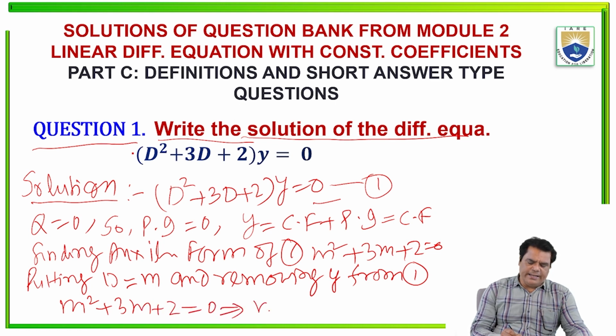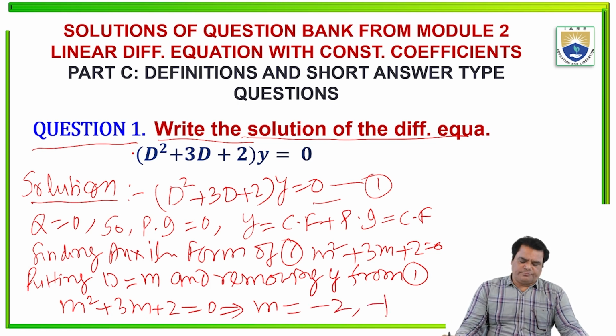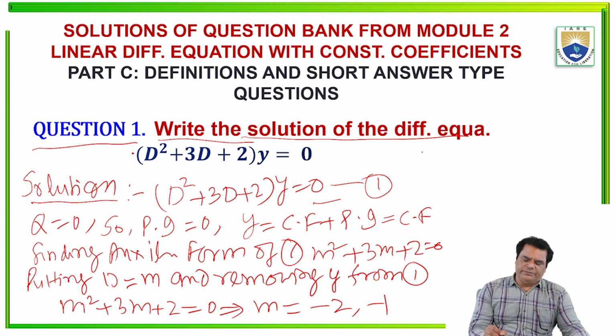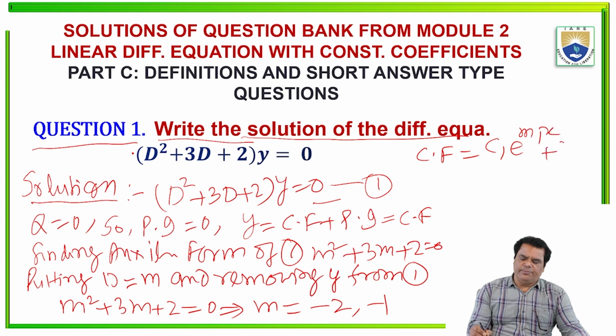This implies that m equal to minus 2 and minus 1. So CF is C1 e to the power m1x plus C2 e to the power m2x.